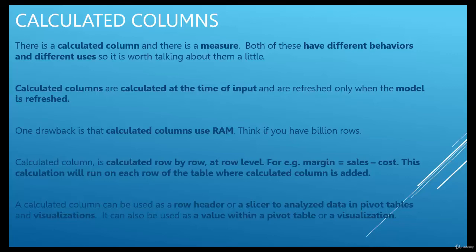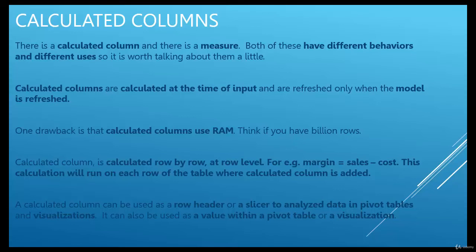However, there is one drawback and that is quite big. Calculated columns use RAM. Think if you have billions of rows, that would turn down your computer or make it hang. So you need to consider this.